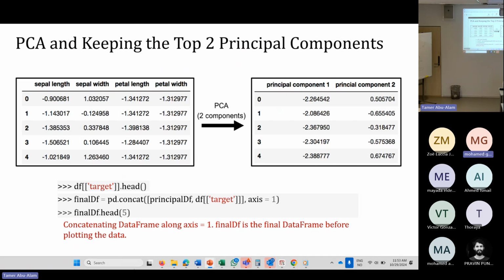Good. And then you can see here something very important. Final data frame. You see it? Final data frame is equal to concat principal data frame with our target, along X. What we are doing here? Can I explain this line?